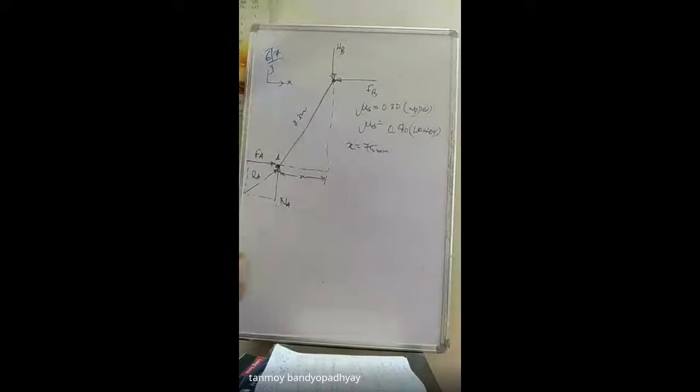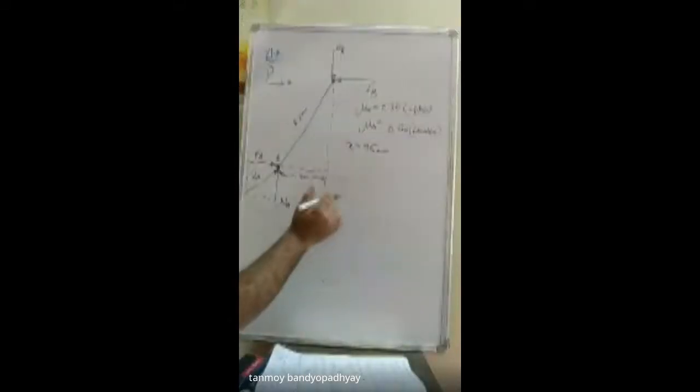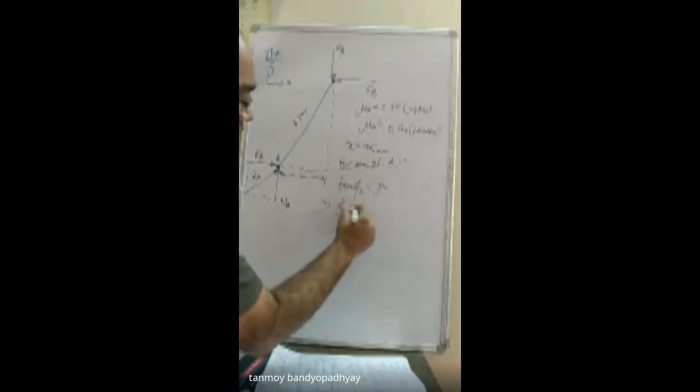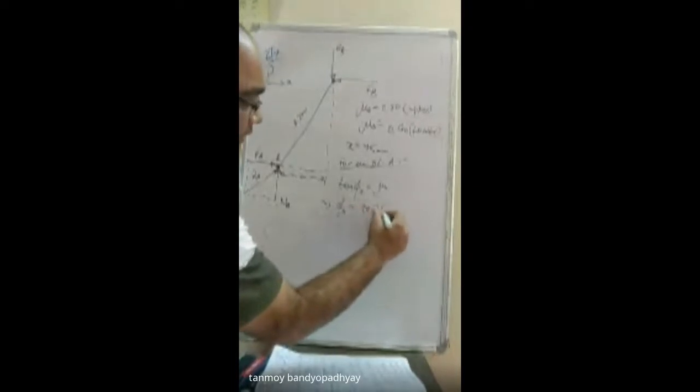Okay? So for the point A, let's start. It will make the problem a bit easier. For the point A, tan phi s is equal to mu s. So phi s is equal to tan inverse mu s.